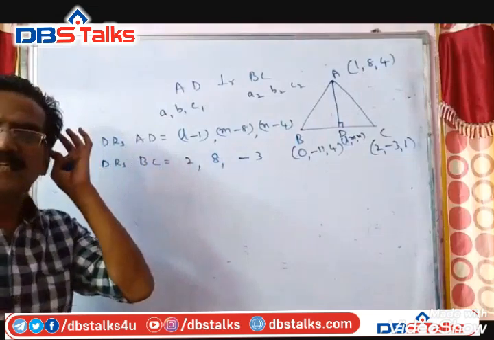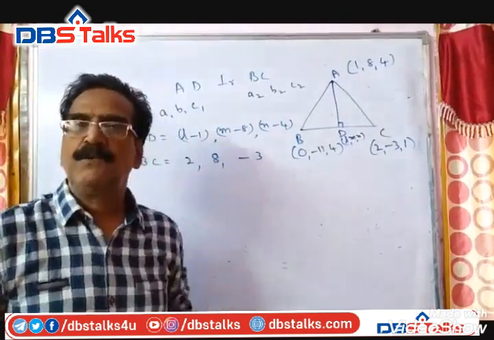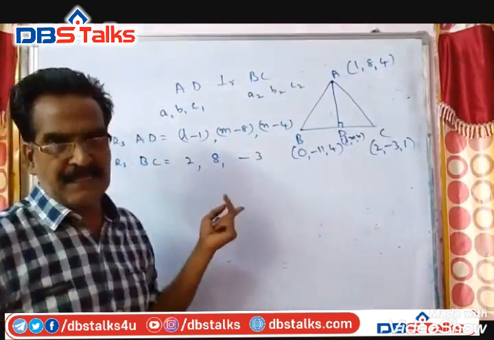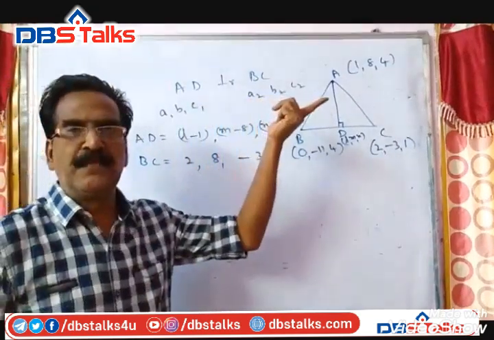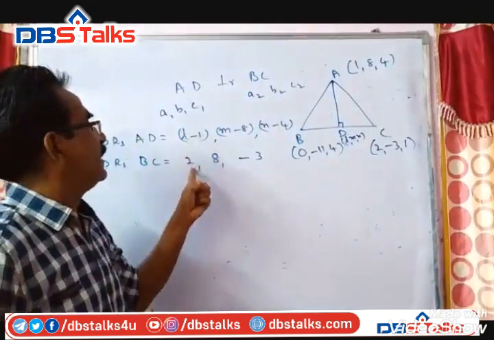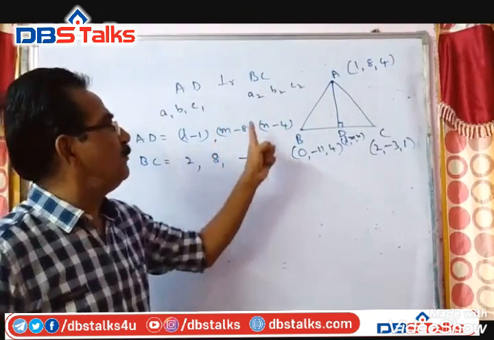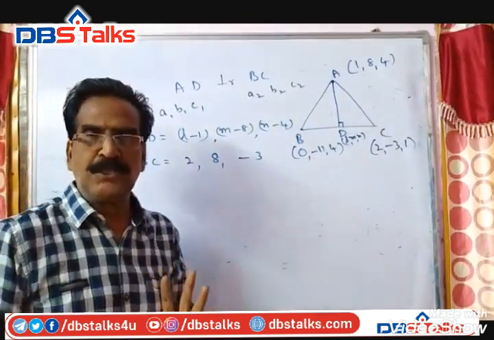So we know the direction ratios of AD, we know the direction ratios of BC, we know the condition: A1A2 plus B1B2 plus C1C2 is equal to 0.